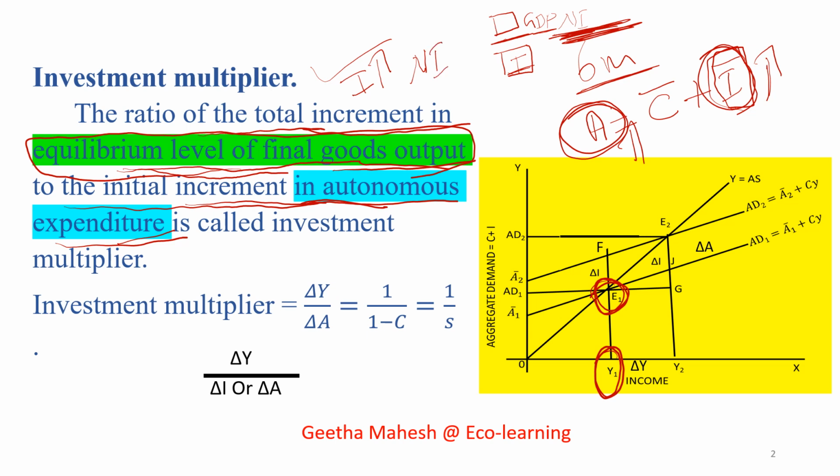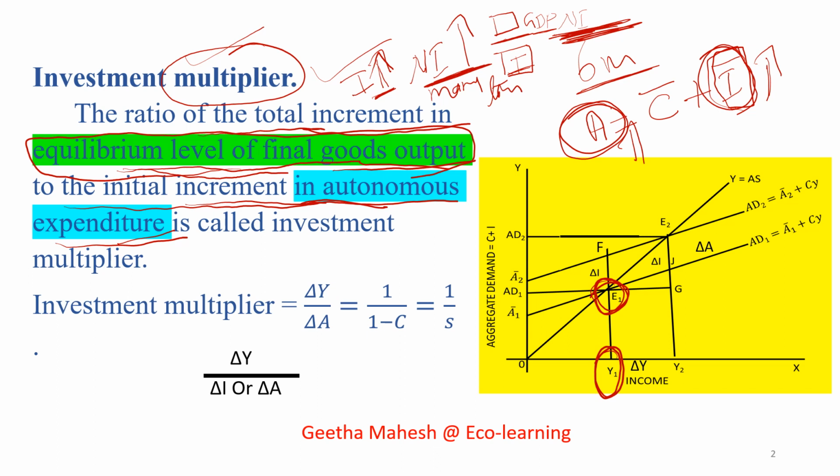But the increase in income is more than the increase in investment, and because of that reason it is called a multiplier. That means an initial increase in investment leads to a many times increase in income. That process we call the multiplier mechanism.